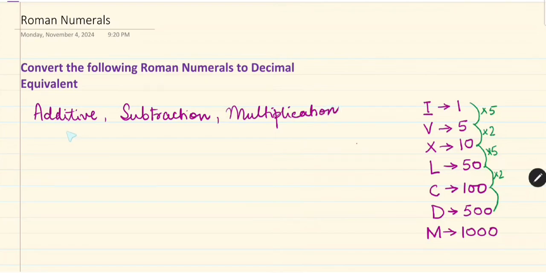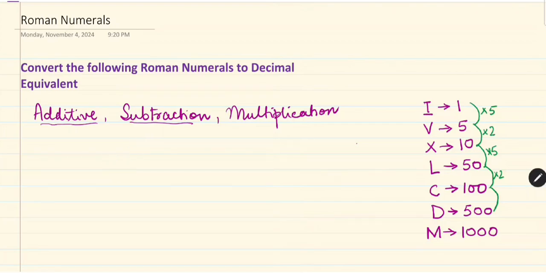But how do we know when we should be adding and when we should be subtracting? We will deal with the multiplication part later on. To determine whether we should be performing addition or subtraction depends on the values of the digits and how they are positioned.